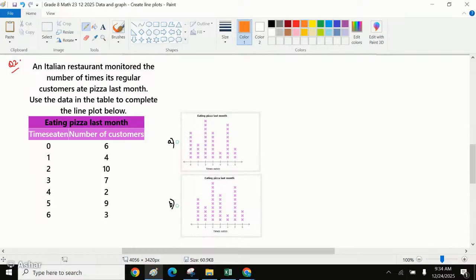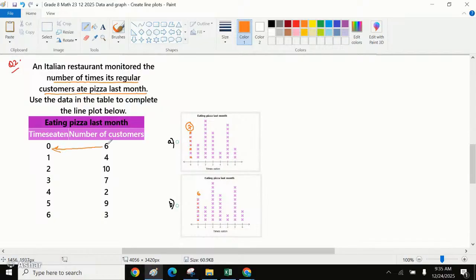The question says an Italian restaurant monitored the number of times its regular customers ate pizza last month. Let's count. This is 1, 2, 3, 4, 5, 6. This is 1, 2, 3, 4, 5, 6, and 7, right? So we find the incorrect answer just by one column.